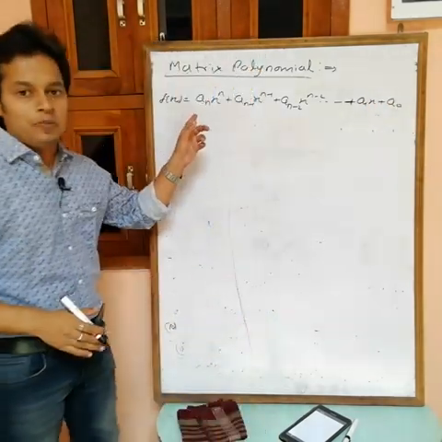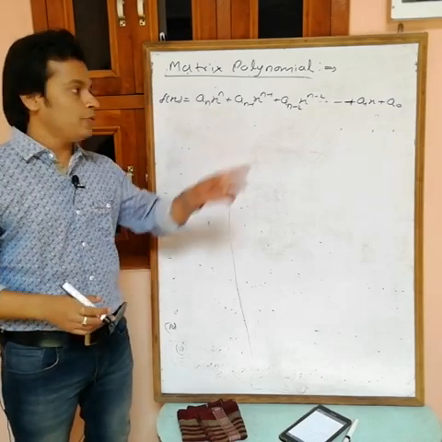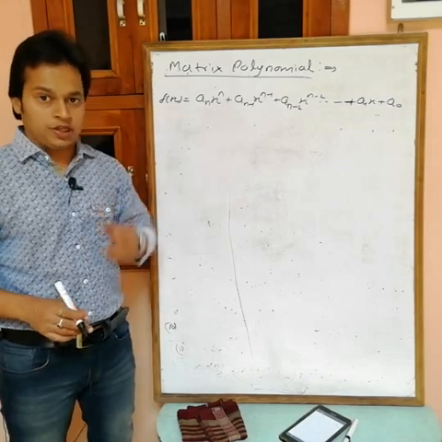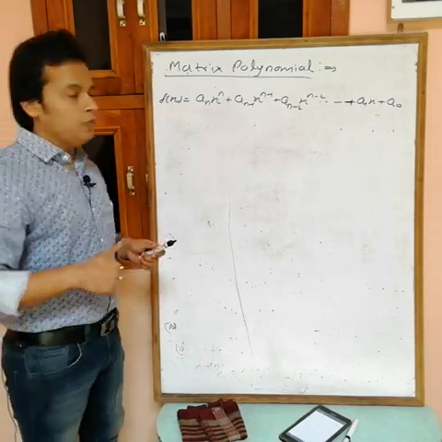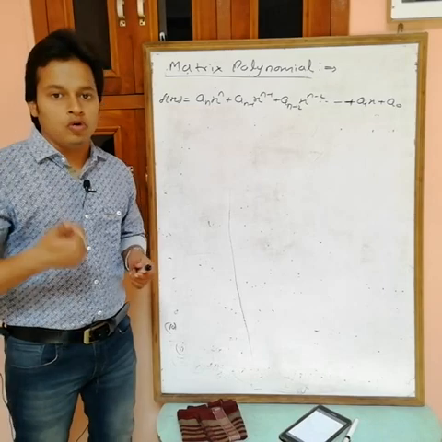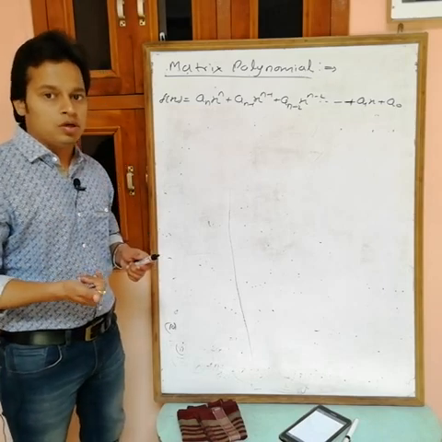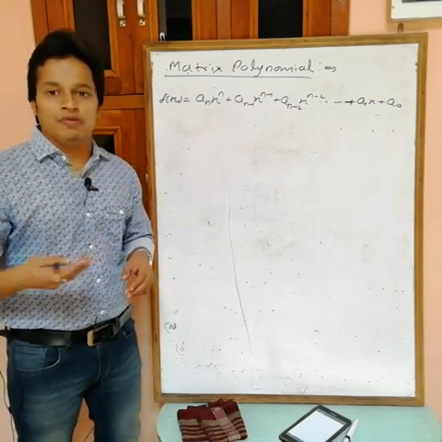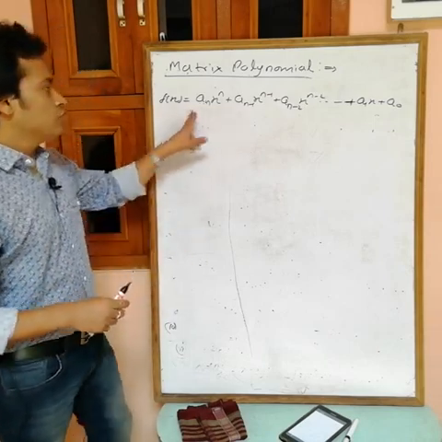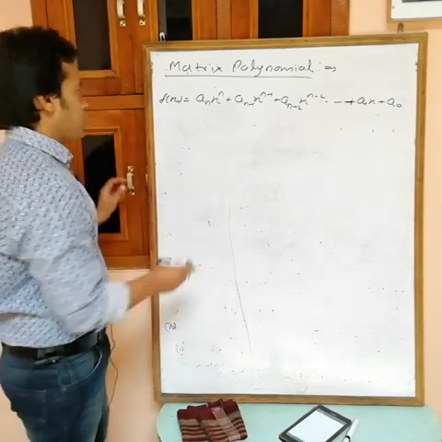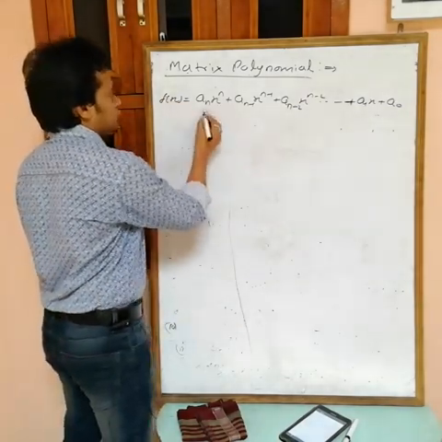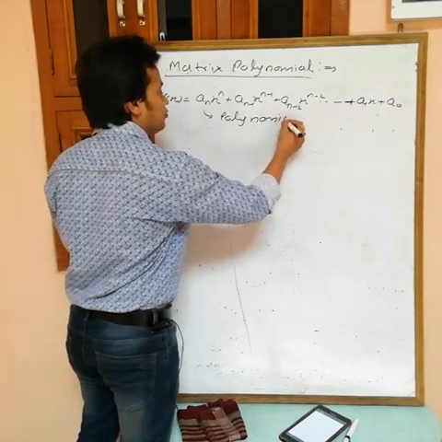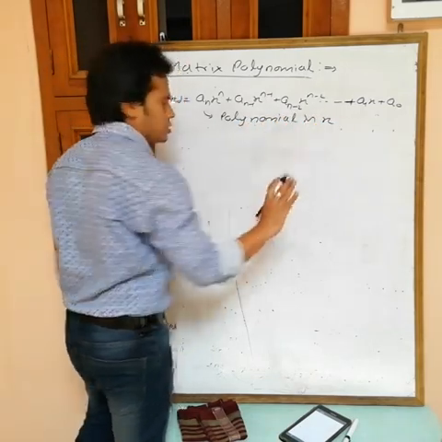This is the general polynomial in x. Now a0 plus a1x plus a2x squared, and at the end a_n x^n. In a polynomial the power of x must be a non-negative integer. You can't take the power of x as 2/3, 5/7 or 1/2. So this is the general polynomial in x.